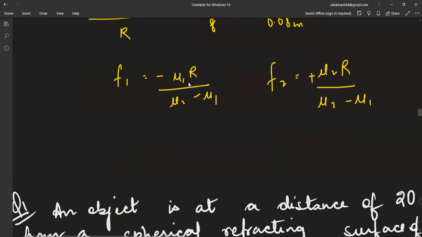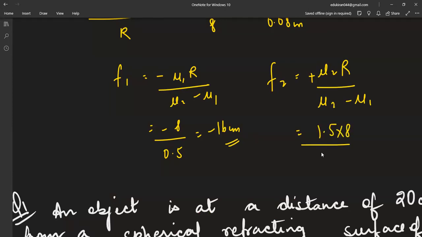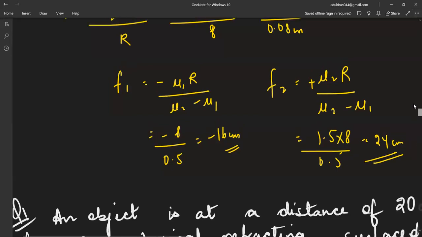Minus mu1, so this is 8. This becomes minus 8 by 1.5 minus 1, that is 0.5, which is minus 16 centimeters. Then this is 1.5 into 8 divided by 0.5, which is 24 centimeters.